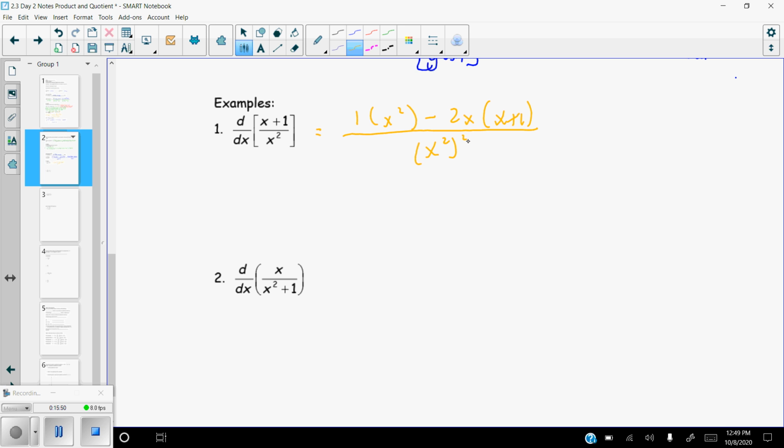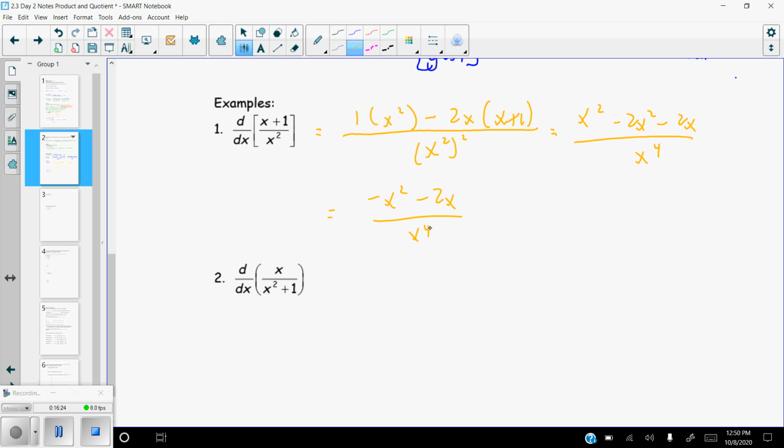I'm going to go ahead and clean this up just a little bit, distribute everything, simplify. You will eventually need to know how to do this, so it's probably good to practice it now. So on the top, you're going to get x squared minus 2x squared minus 2x over x to the 4th, which is going to simplify to negative x squared, because I got 1x squared minus 2x squared, so I get minus 1x squared minus 2x over x to the 4th.